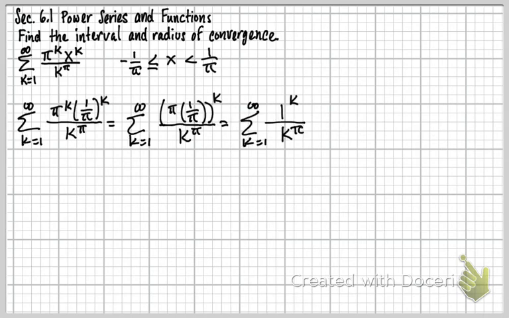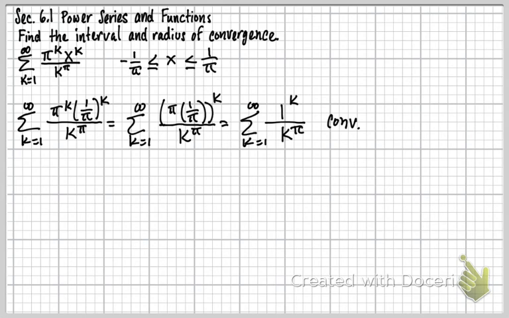Now this one here is similar to the p series, k equals 1 to infinity of 1 over k to the pi. Since pi is bigger than 1, I know that that series would converge. So I would be okay with you saying that this series converges, and if I know this converges, that means this endpoint is also included.